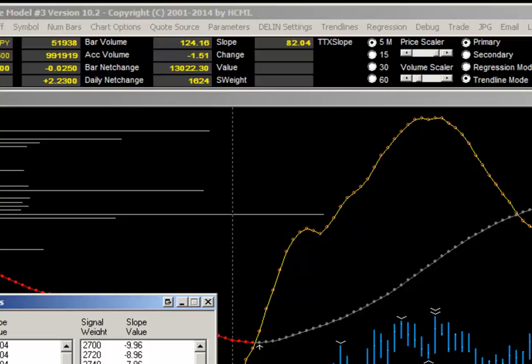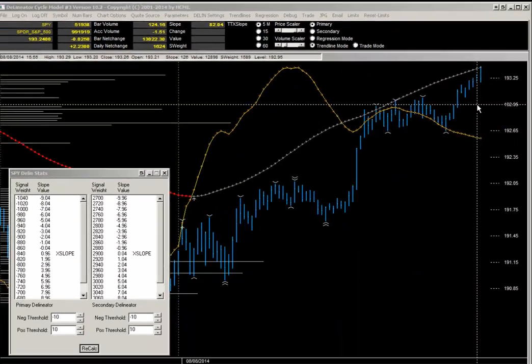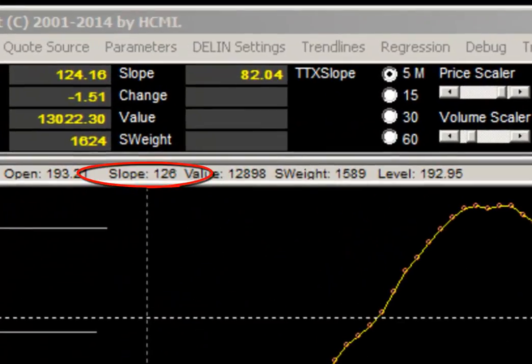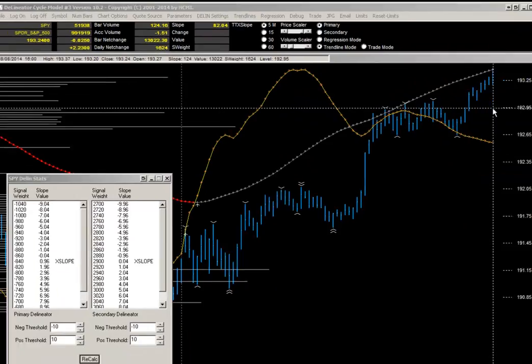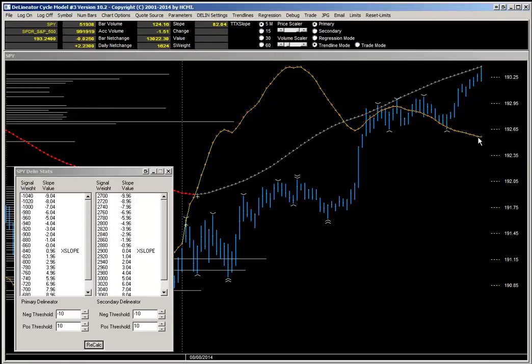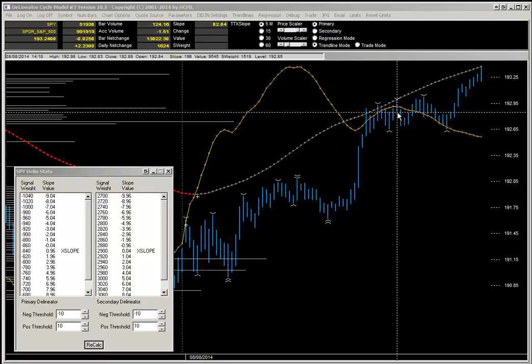And if we use our cursor, we can see here that the slope at the 1555 bar was plus 126, and that the slope at the new bar is plus 124.16, so that change is obviously minus 1.51. So we now know that the value of the slope has declined by that amount, and in fact by looking at our slope graph we can see that the slope had been declining since about 2:10 in the afternoon.